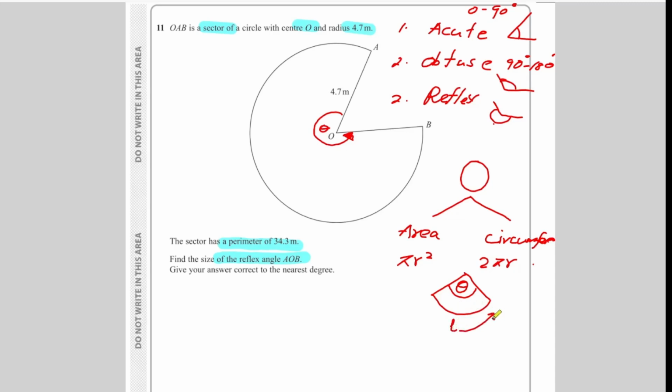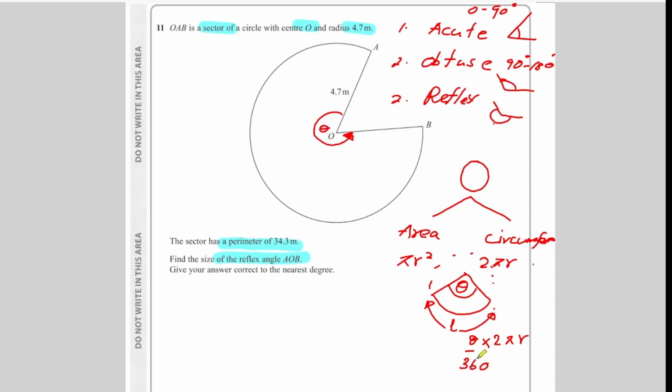No matter whether it is a minor arc or a major arc, if you want the length, use the same formula because it is part of the full circle. So if I draw the full circle, since this is part of the circle, I write the full formula 2 pi r times theta over 360.